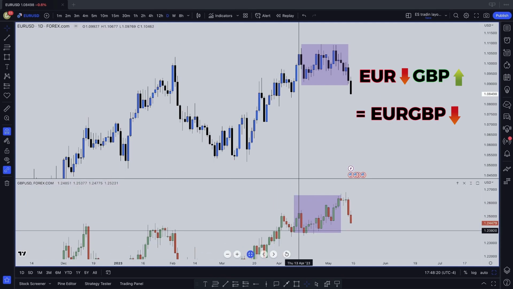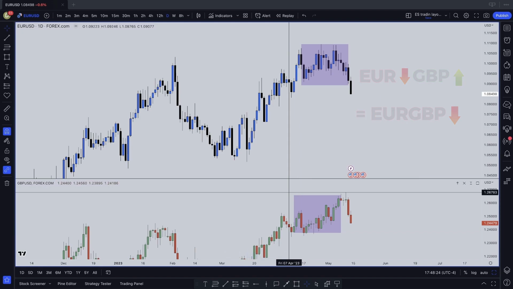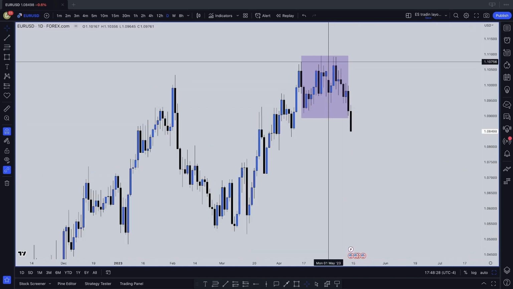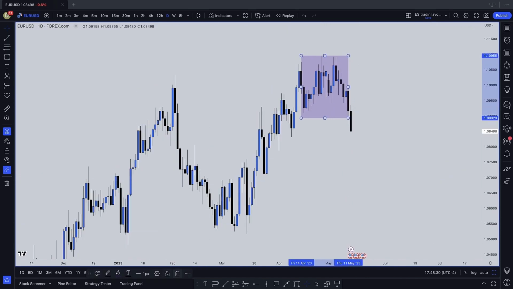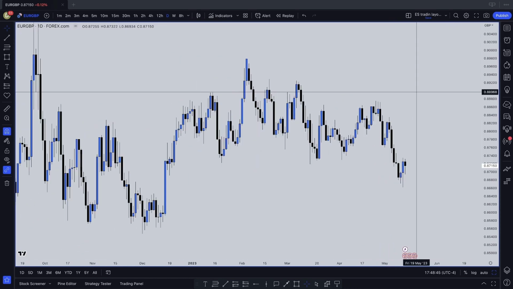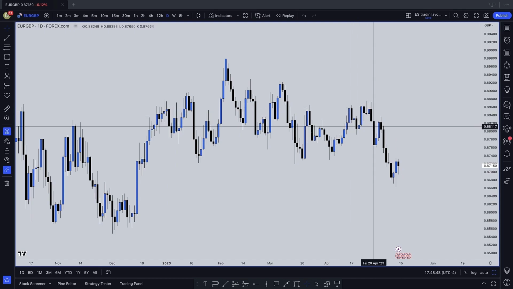So because pound is stronger, we will expect that cross pair to be bearish. So before even looking at that pair itself, we already have a bias and framework that we're going to be looking to work within. Looking at the euro pound, as we've determined, our bias is bearish without even looking at this chart by just looking at the individual currencies.